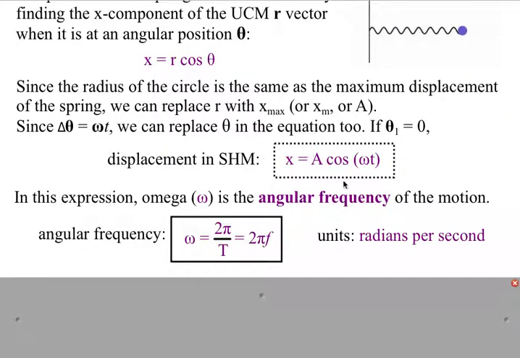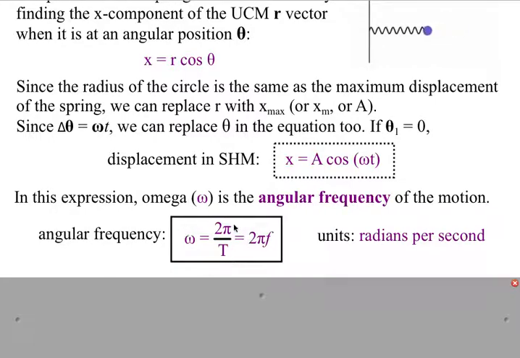So this letter omega now doesn't mean the same thing it does for circular motion, because in circular motion omega is a velocity. It's telling you not only how quickly it's spinning, but in what direction. For uniform circular motion, omega is a vector. For simple harmonic motion, omega is a scalar. Instead of being an angular velocity, it's an angular frequency. It's not very different.